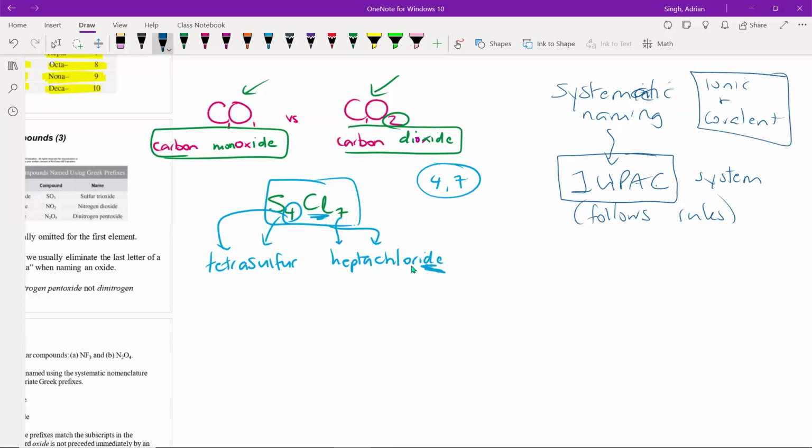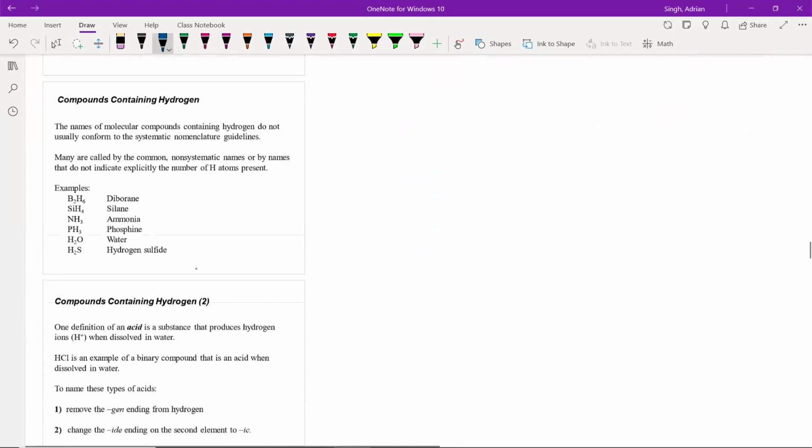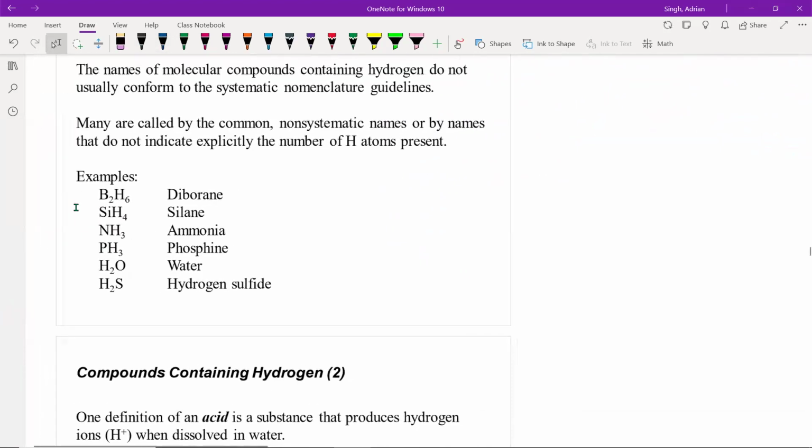Up to this point, we've used all of the systematic naming rules so that when we name something, we know exactly what it means, whether you read it here in the United States or over in England or in Australia or wherever. If you name it according to the rules, everybody knows exactly what you're talking about. Now, having said that, there are some compounds that go by common names instead of the systematic names.